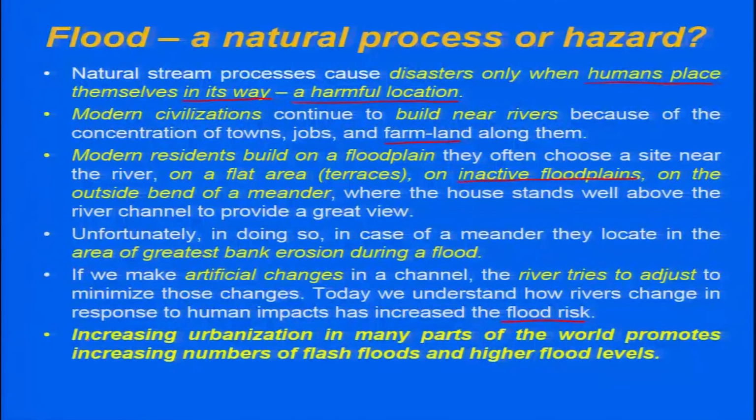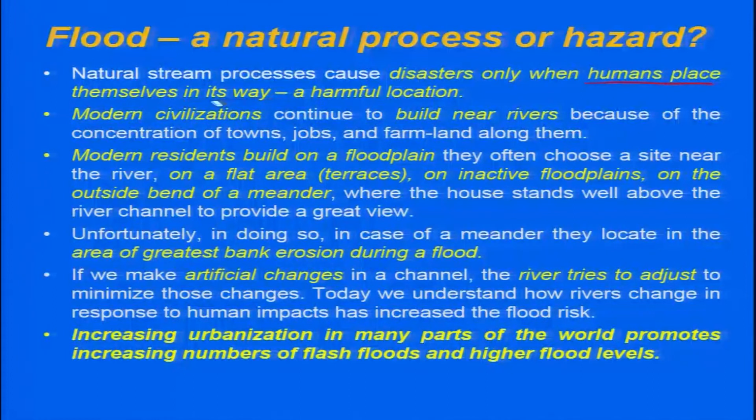With increasing urbanization in many parts of the world, it promotes higher levels of floods, and in most cases what we call flash floods. So these urban floods are mainly because of heavy rain and inadequate drainage outlets.